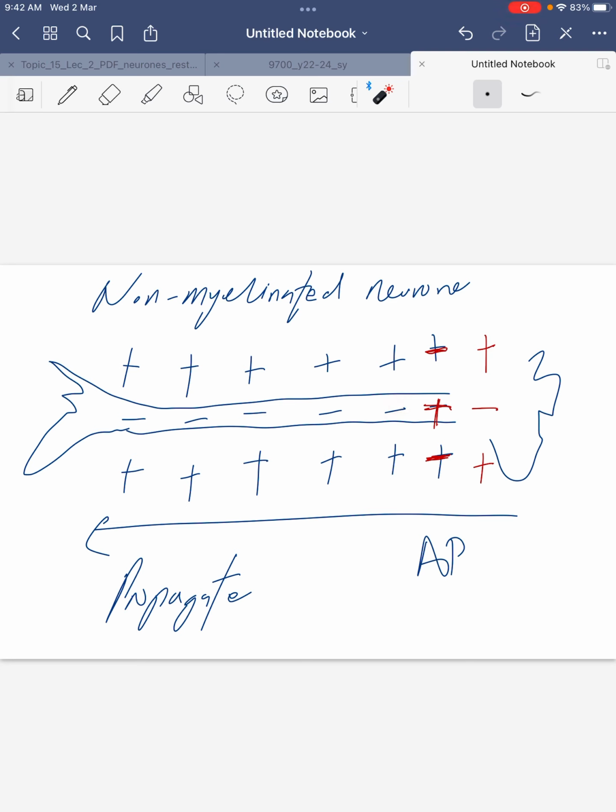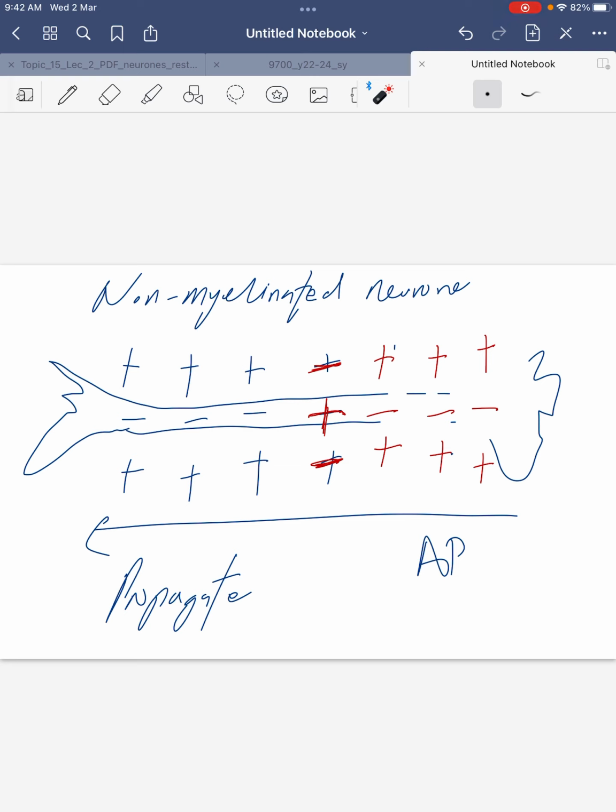This one will become positive again, this one becomes negative, and this one will return back to negative, this one becomes positive. This goes on until it reaches the end of this neuron, and then it connects again to the next neuron, and finally to the effector.